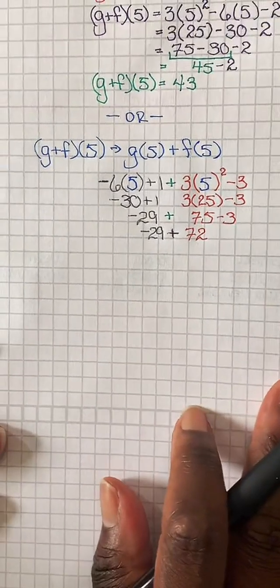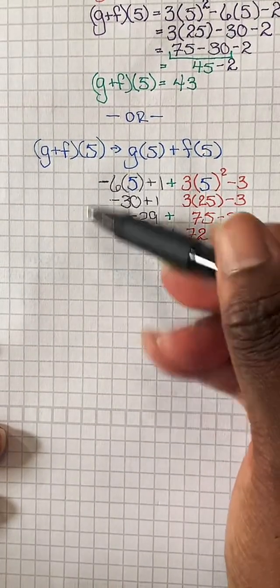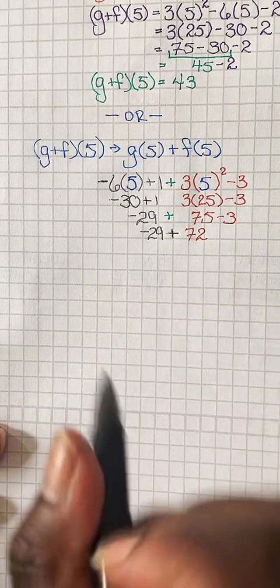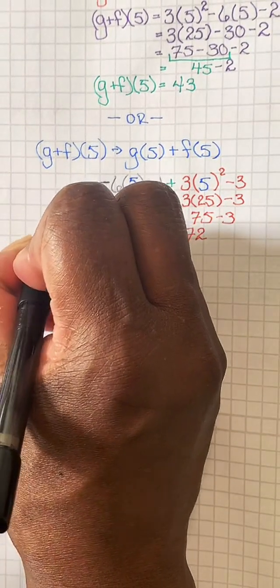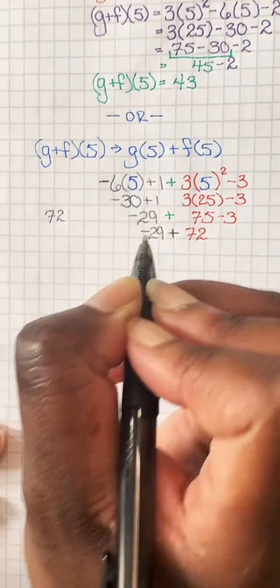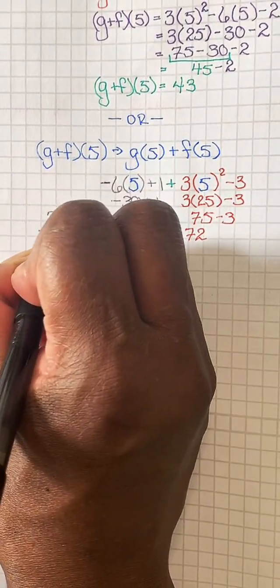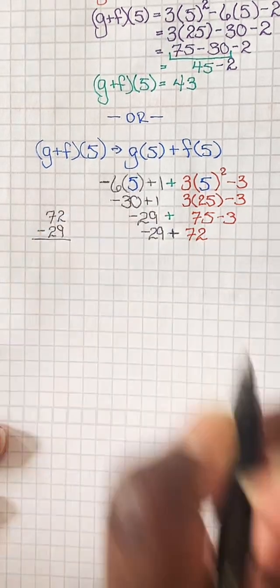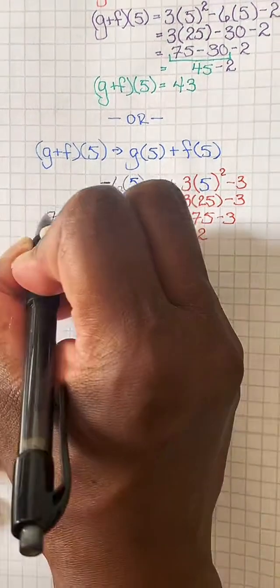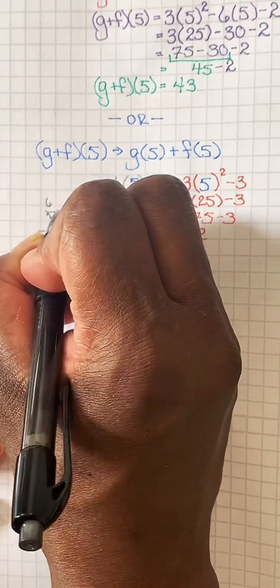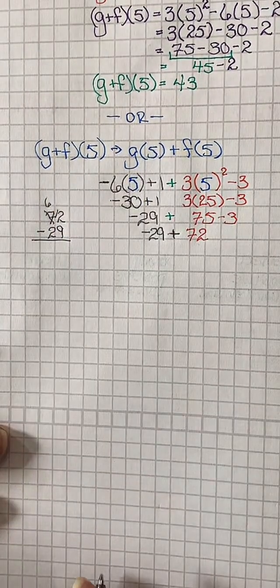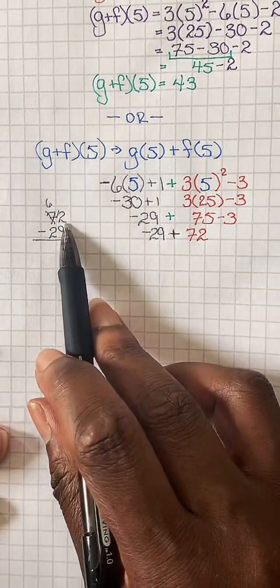If I may do it more vertically than horizontally, a lot of people like to see it as 72 minus 29. If you do it that way, you're going to borrow from the 7, and then you bring your 10s to the 2.